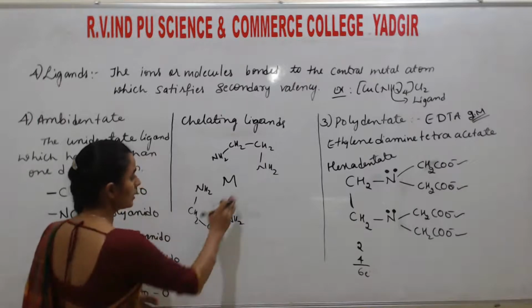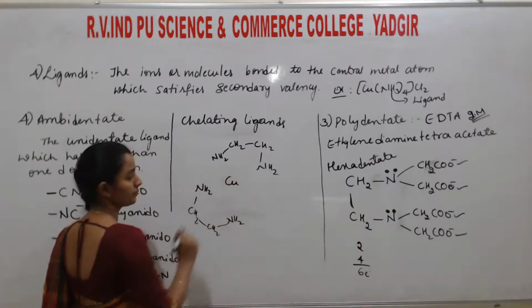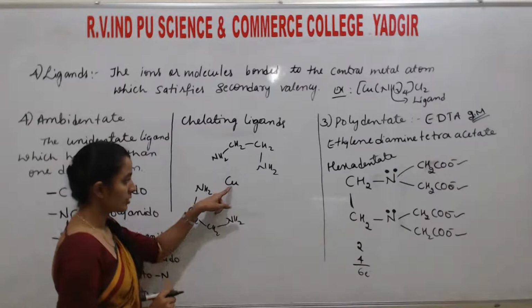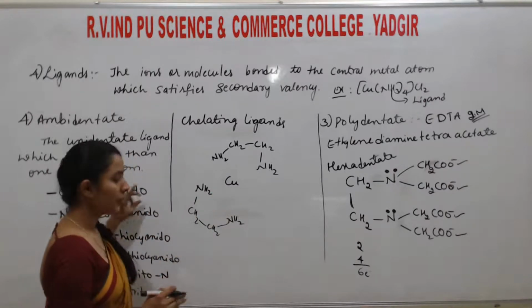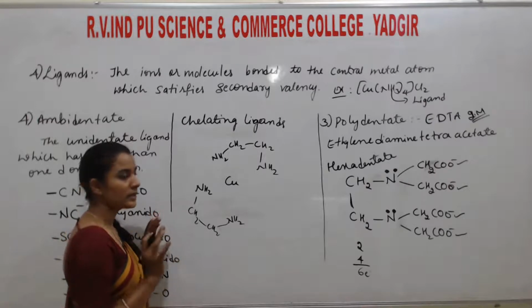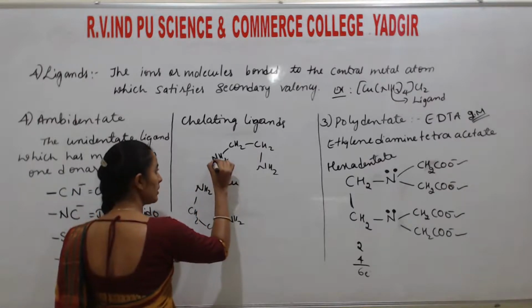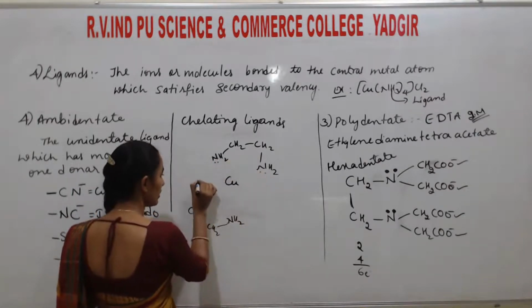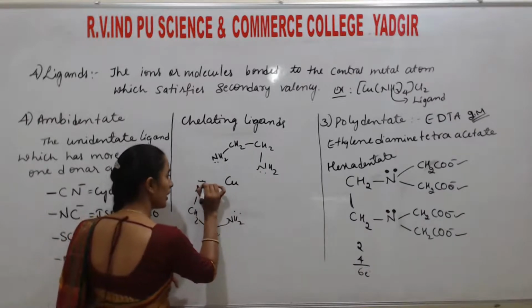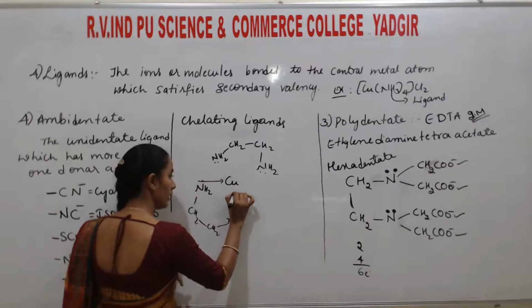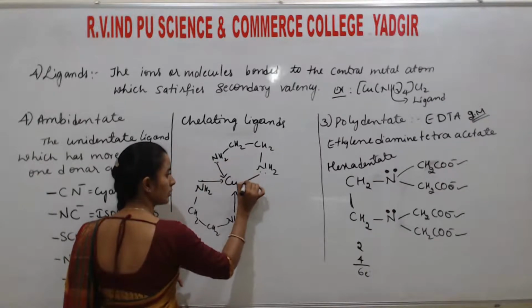So students, here you assume copper is there. Copper, its oxidation state is +2 in the coordination compound and its secondary valency is 4. So here also lone pair electrons are there, here also lone pair electrons are there. Then they form coordinate bonds like this.